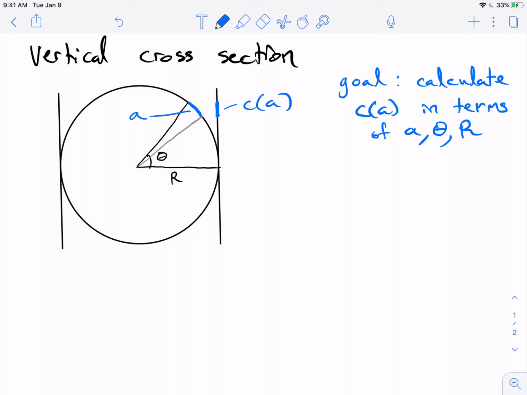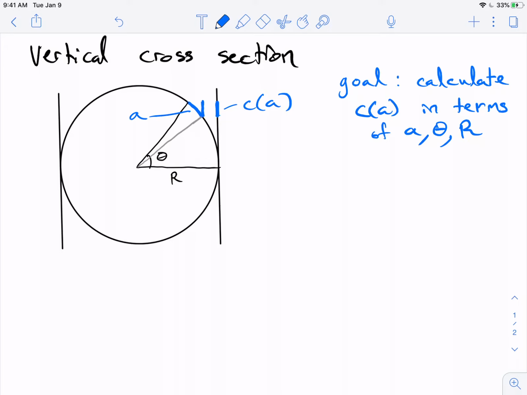My hint to you in trying to solve this problem is to notice that I can move this vertical blue line over to the left to get two sides of, well, I want to say a triangle.